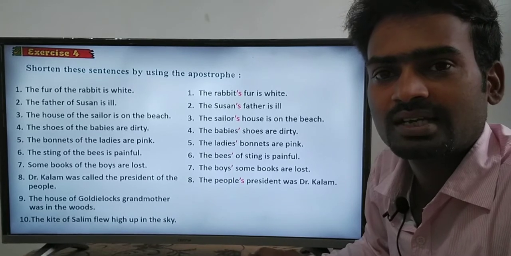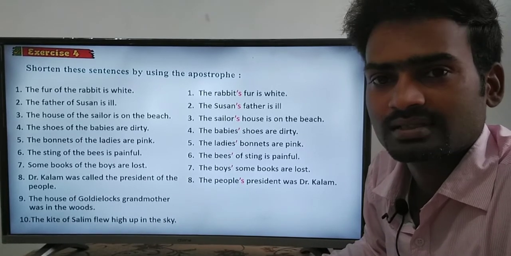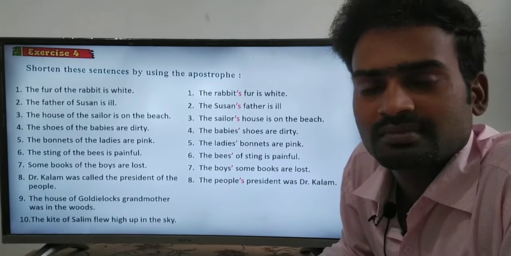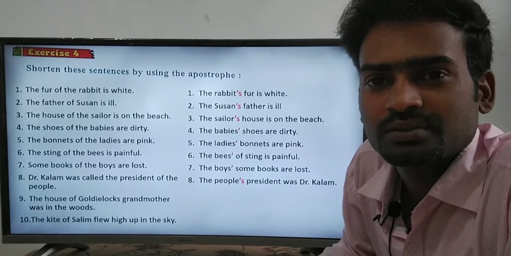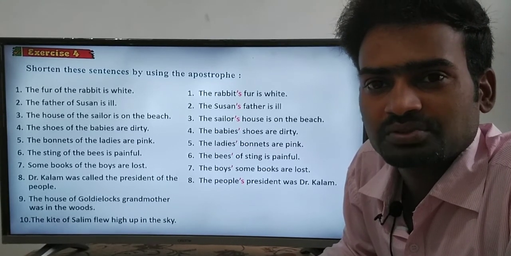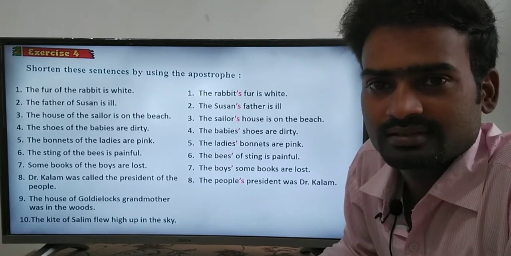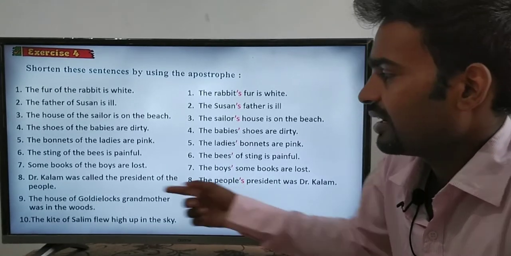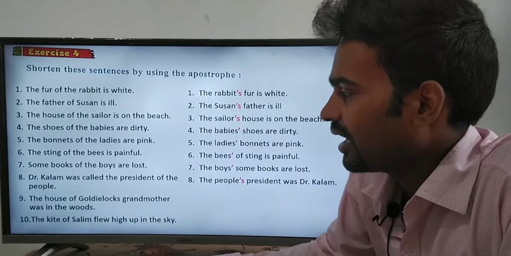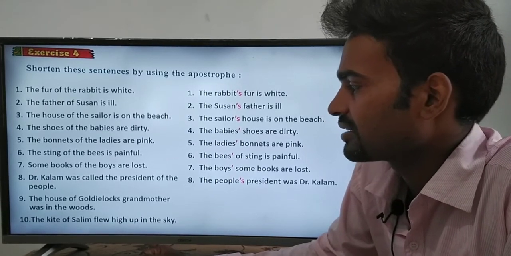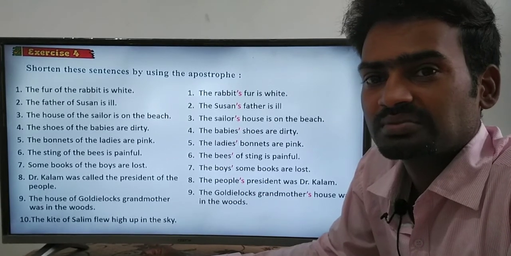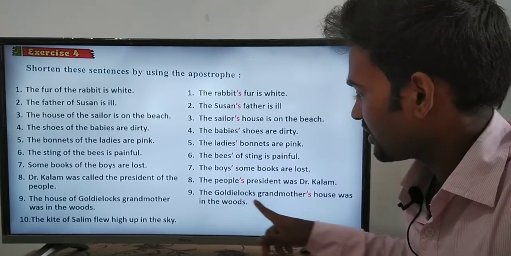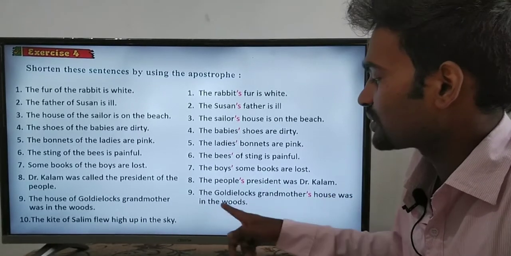Okay, people and some other nouns, as I said in the previous slide, some nouns we have to use apostrophe s even though they are plural. This is one of them. And then the ninth one is the house of Goldilocks' grandmother was in the woods. This was a long sentence. Goldilocks' grandmother's house was in the woods.